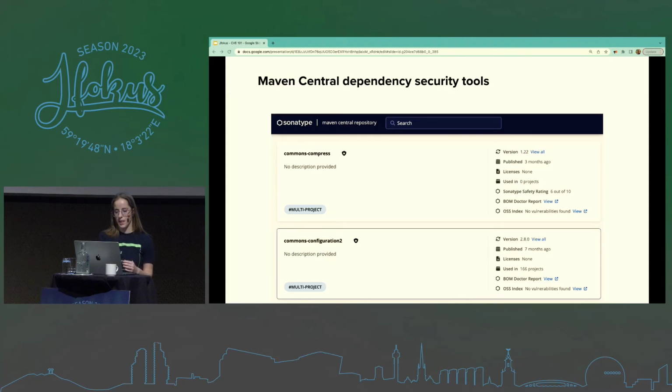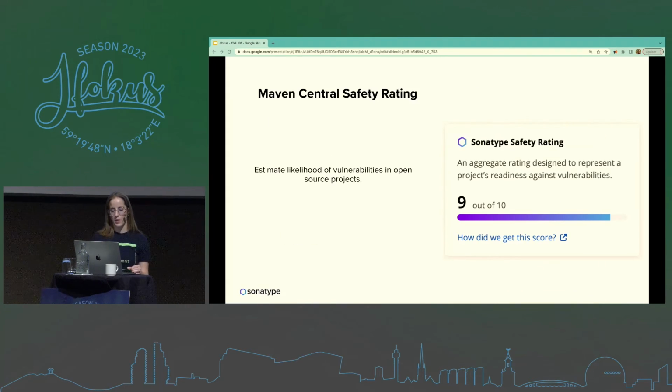The Sonatype safety rating is probably the newest thing. This was something that we came up with because, like I mentioned before, security today is not so much a remediation game, but also planning ahead and trying to make the best decisions for the future, because of the amount of zero-day vulnerabilities that are out there and likely to be in the future.